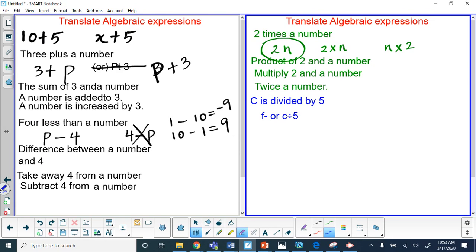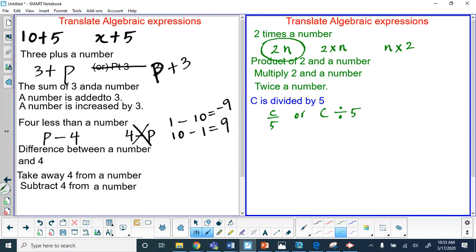Alright, I'm going to check it out. And we have C divided by 5, or you can say C division 5.